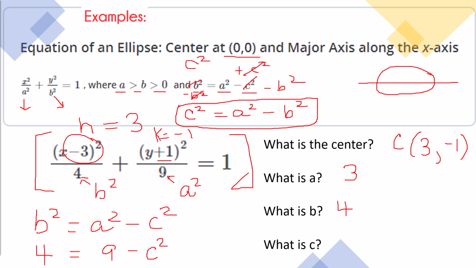Okay, so I'll go ahead and just subtract 9 from both sides, and I get negative 4 minus 9 is negative 5. Negative 5 equals negative c squared. Multiply through by negative 1 or divide by negative 1 to cancel those negatives, and you get c squared equals 5.